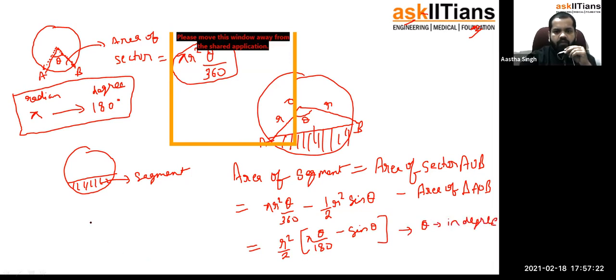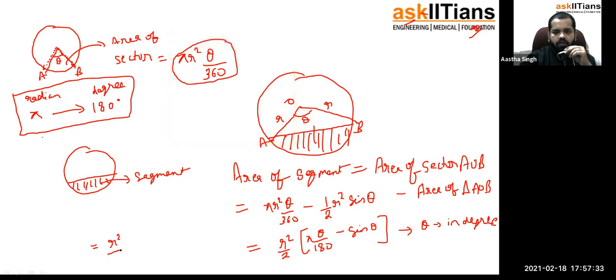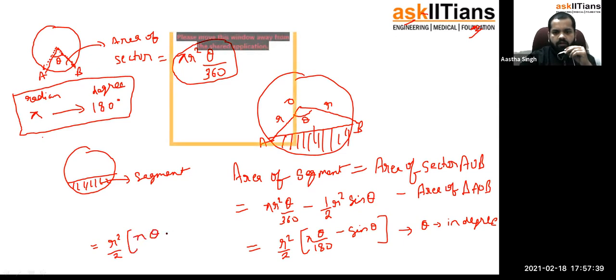But if your theta is in radian, then just multiply by 180 upon pi, and it will be equal to R square upon 2 into theta minus sin theta. Just calculate this.